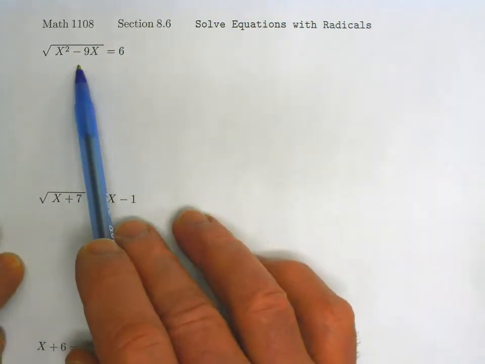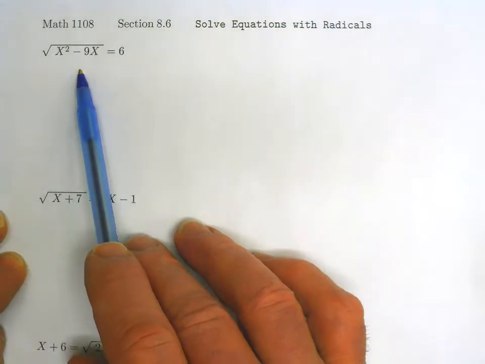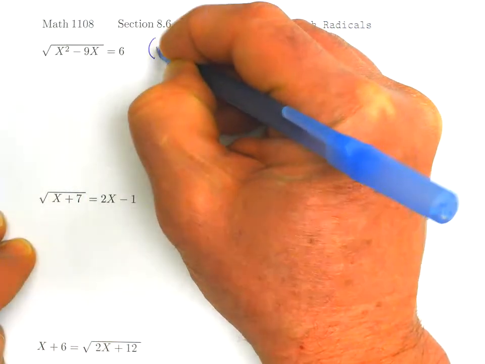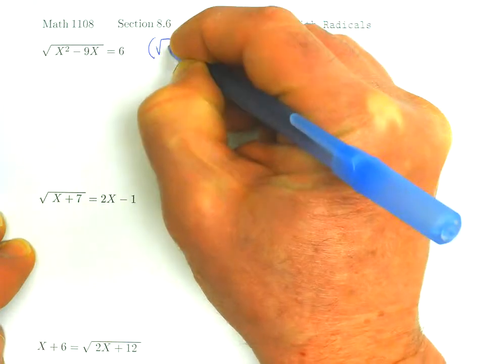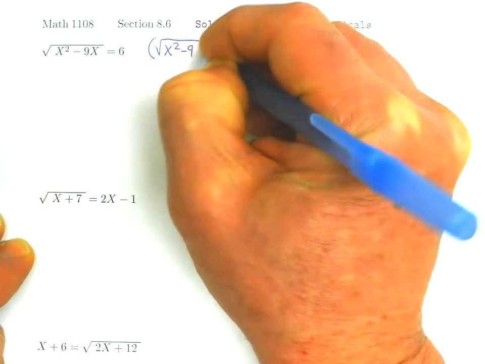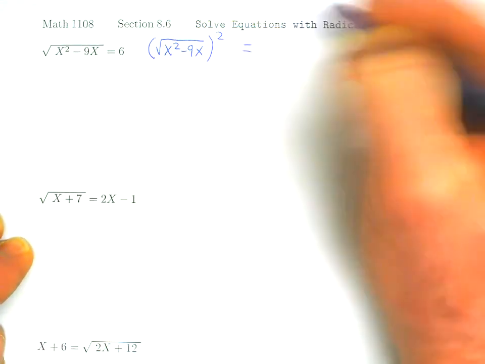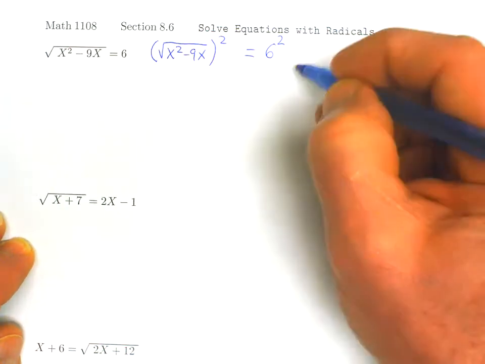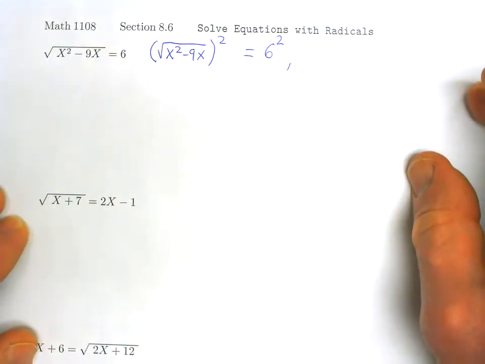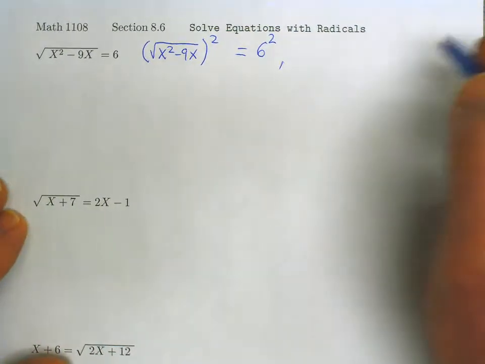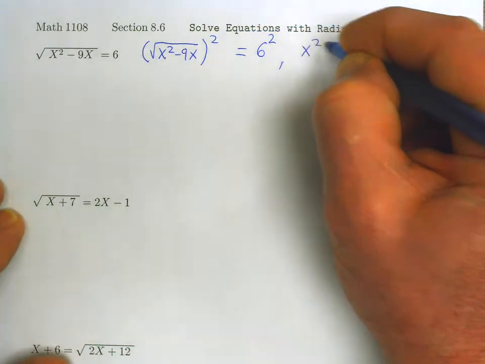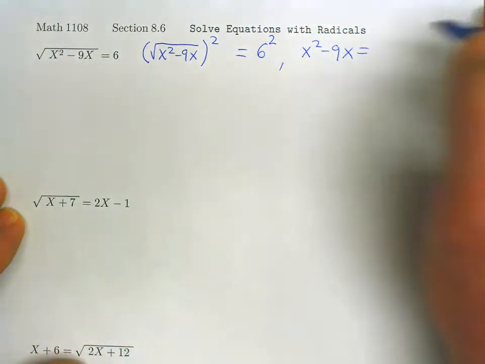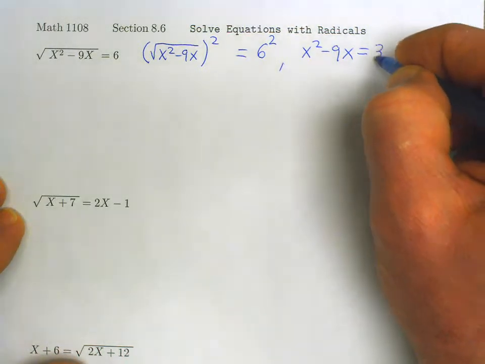The square root part is by itself on the left-hand side, so we'll square both sides. We're going to square the square root of x squared minus 9x and square the right-hand side, 6 squared. When we square the square root of x squared minus 9x, we just get x squared minus 9x. And the right-hand side, 6 squared, is 36.